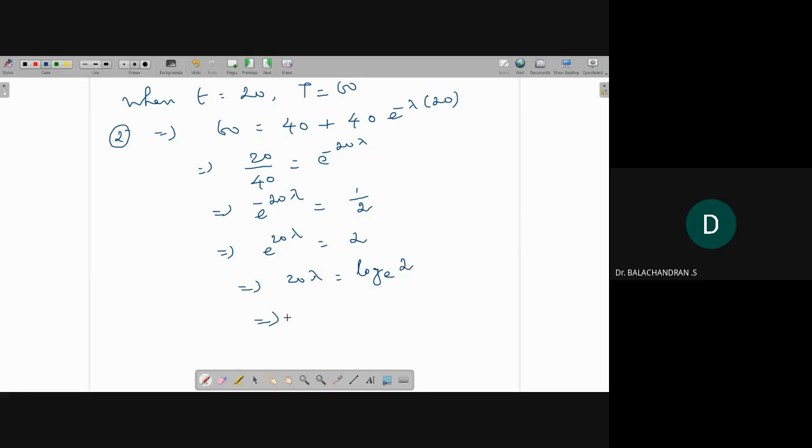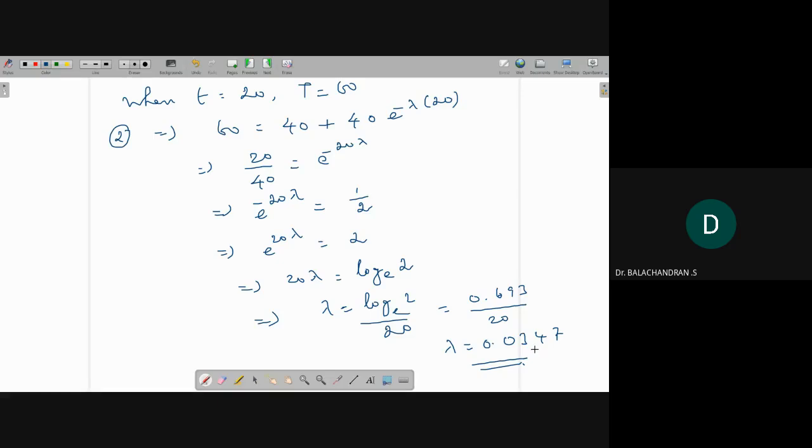So lambda equal to log 2 base e by 20. Please check it. Log 2 base e is 0.693 using a calculator, please verify. Divided by 20. So lambda equal to 0.0347. So this is your lambda.